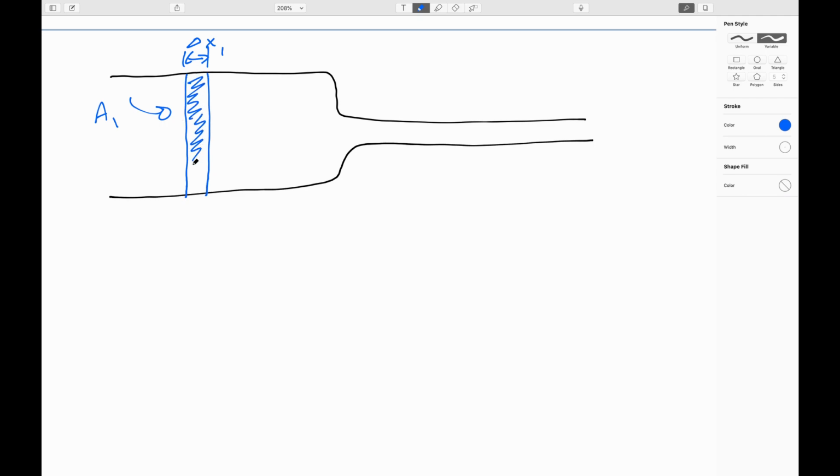Whatever this volume is right here, in that same amount of time, that much fluid had to move through the skinny pipe. But since this area here, A2, is a lot smaller, this length here, delta x2, is going to have to be a lot longer to compensate.